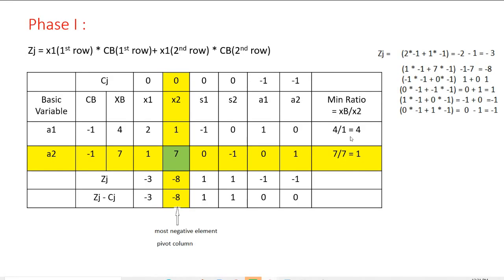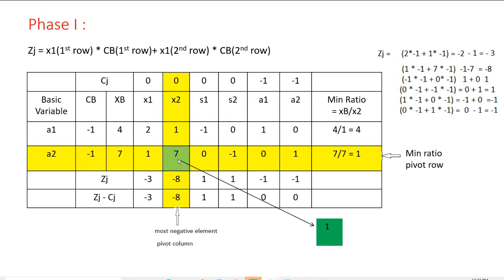From these two ratios, the minimum ratio is 1. So consider the A2 row as the pivot row, because 1 is the minimum ratio. After finding the pivot column and pivot row, we get the leading element 7, which is the element between the pivot row and pivot column.